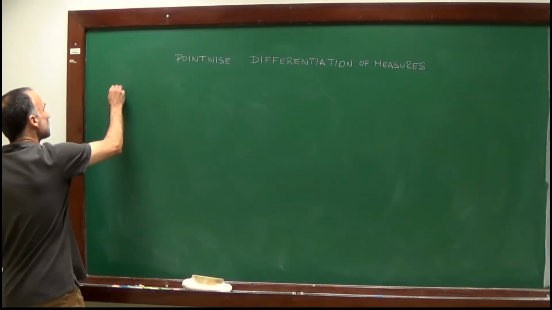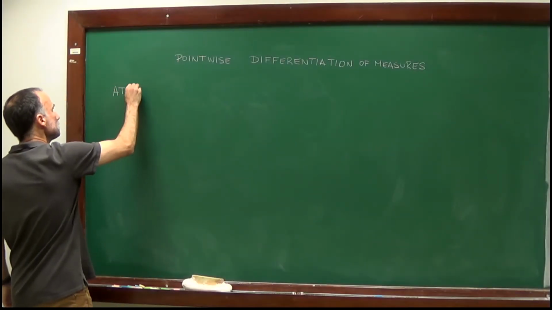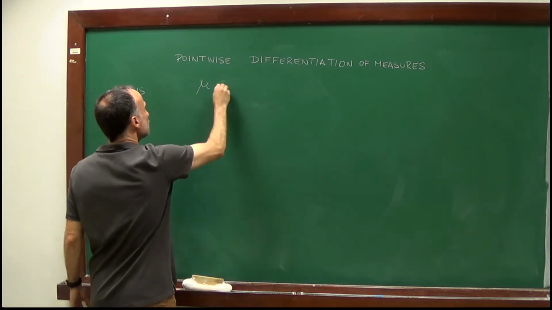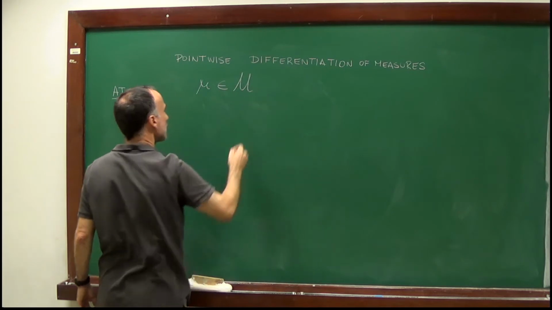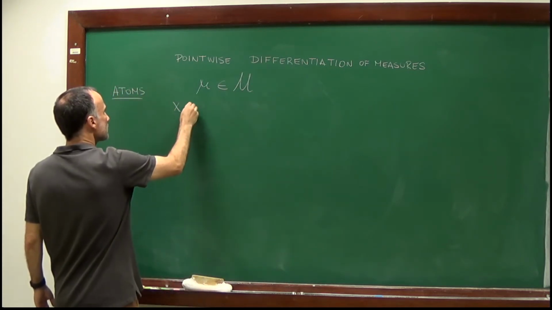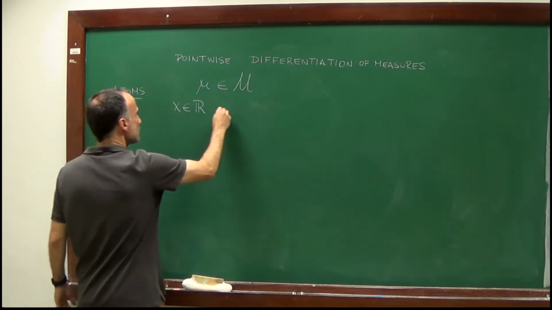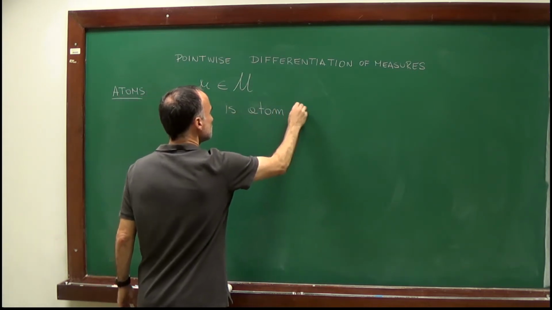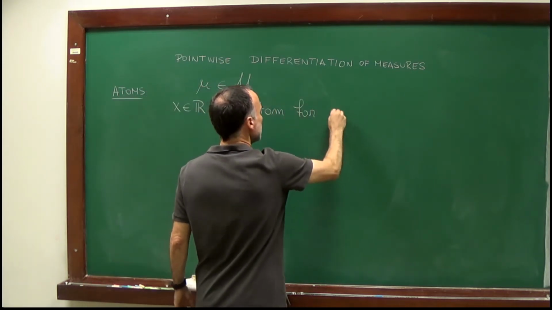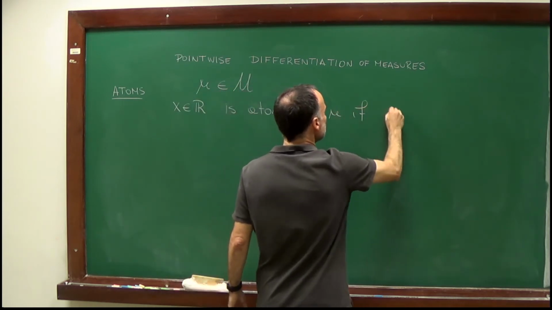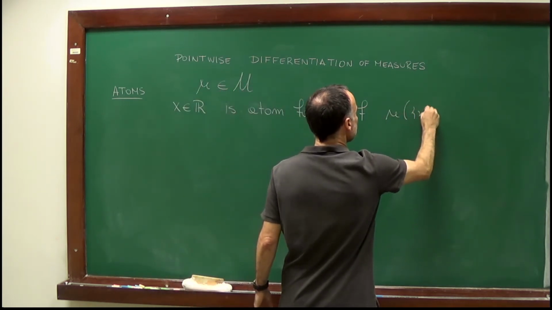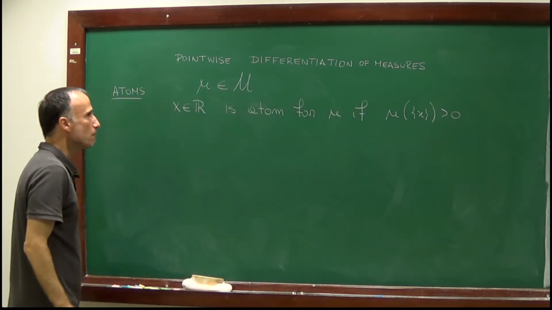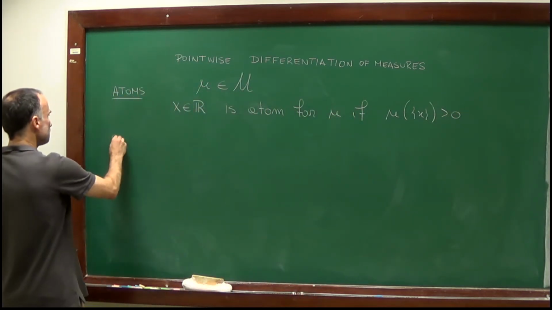So let me talk about atoms. Let's fix a measure mu in my set M, and I will say that a point x in R is an atom for mu if mu of {x} is strictly positive.